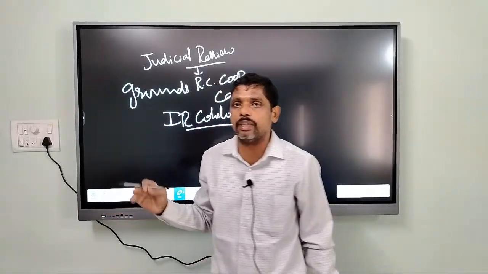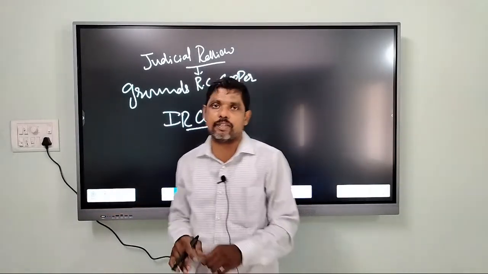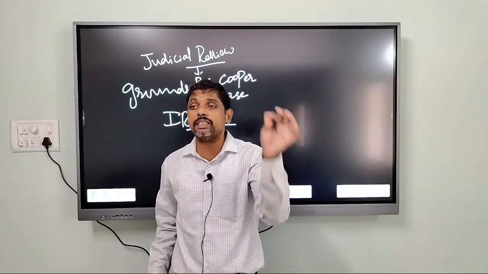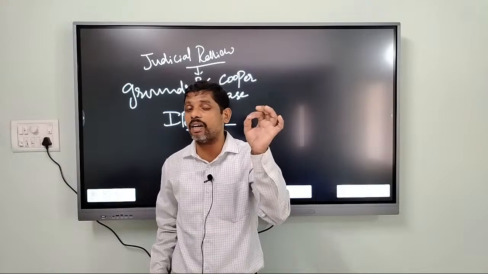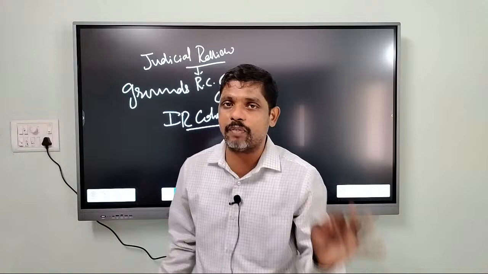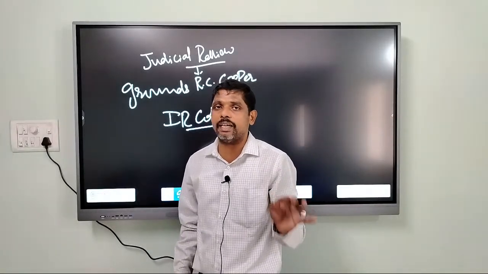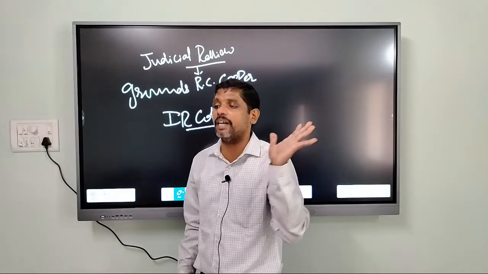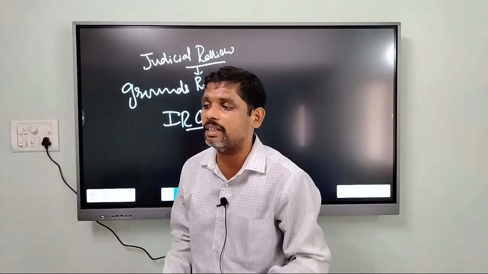In I.R. Coelho versus State of Tamil Nadu, the Supreme Court held that if an ordinance issued by the President of India violates the fundamental rights of citizens, then such an ordinance can be nullified.